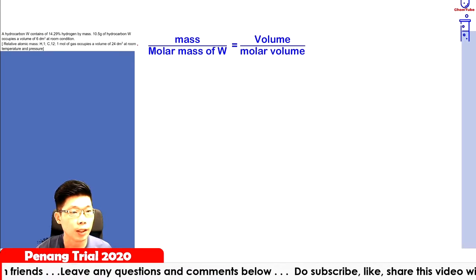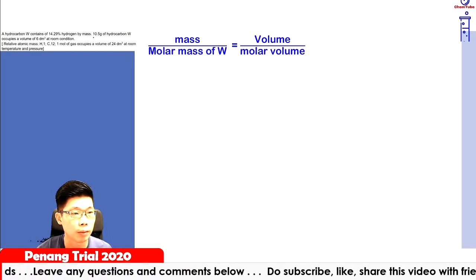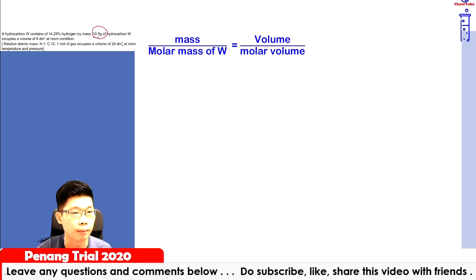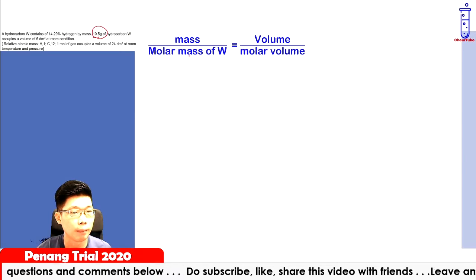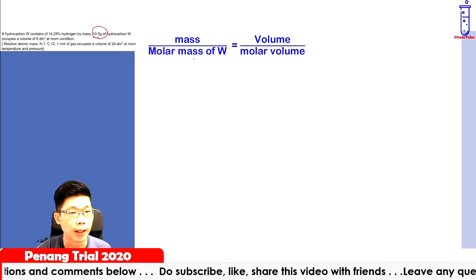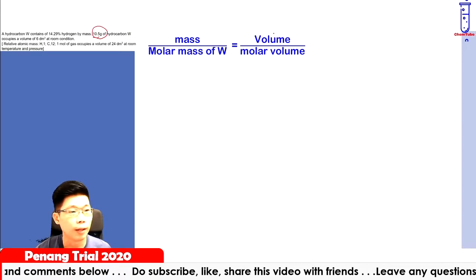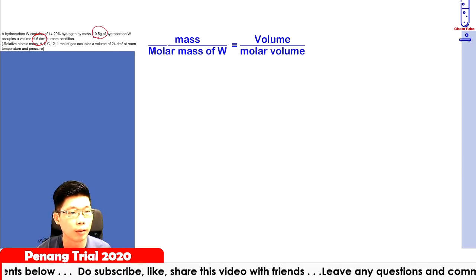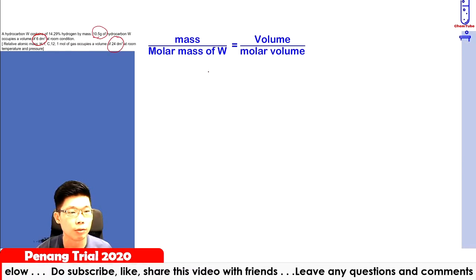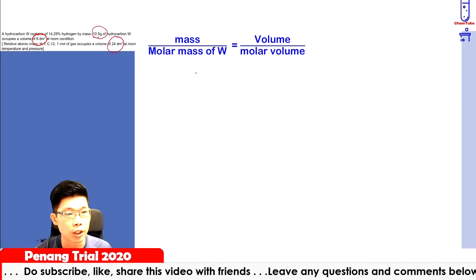The mass of the hydrocarbon W is 10.5 gram, so we can replace it in the mass. The molar mass we can find out afterwards. The volume given is 6 cubic decimeter, and the molar volume given is 24. So we just replace in every piece of information given here.